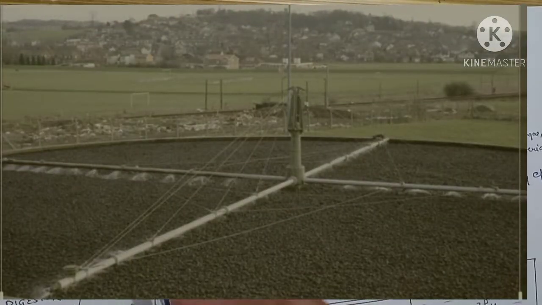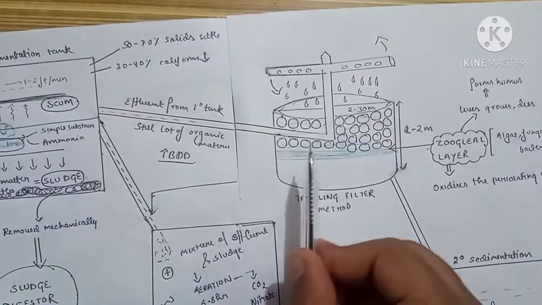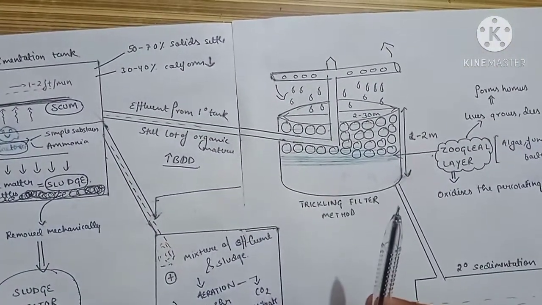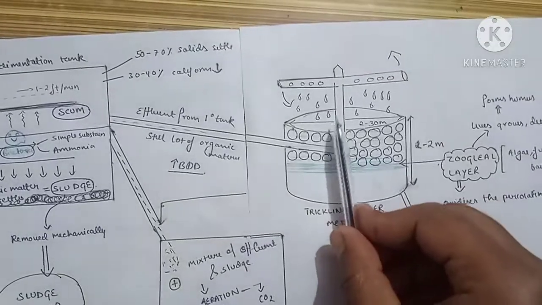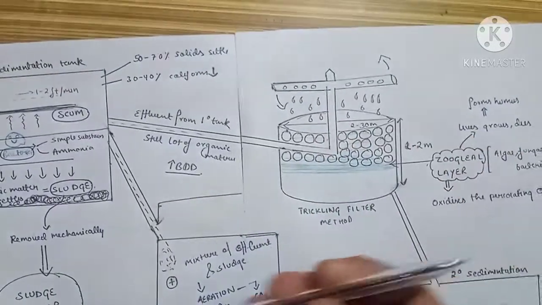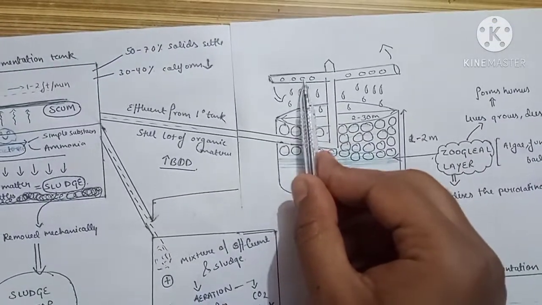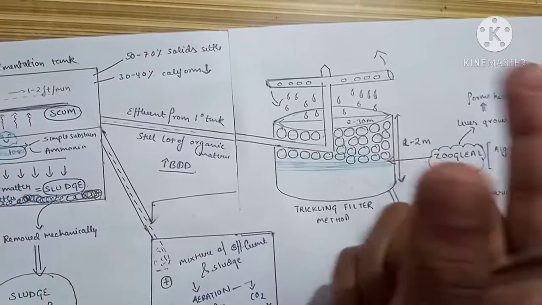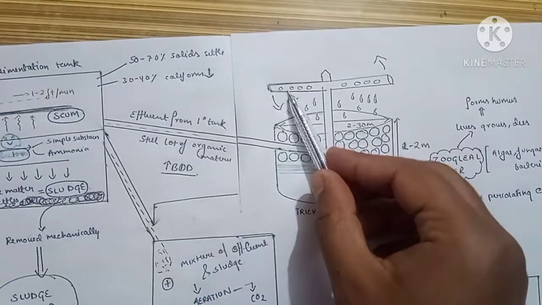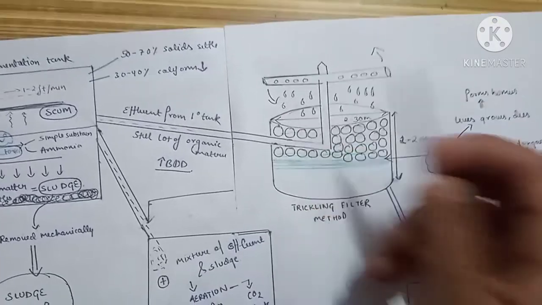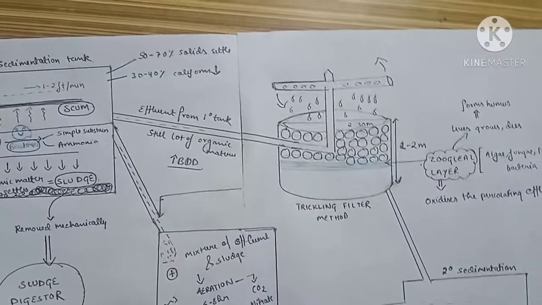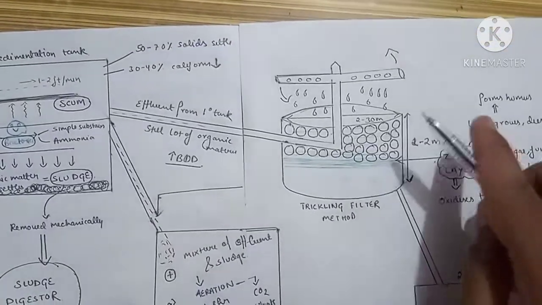There is a pipeline that comes, carrying the effluent, and this pipeline emerges out from the ground. Then there are horizontal pipelines that have holes in them, and while this horizontal pipeline rotates, it sprinkles the effluent into the atmosphere.